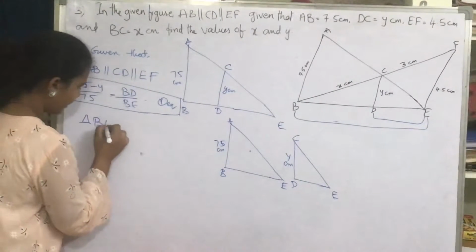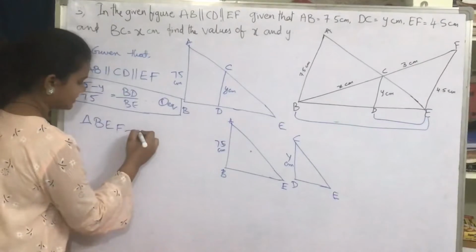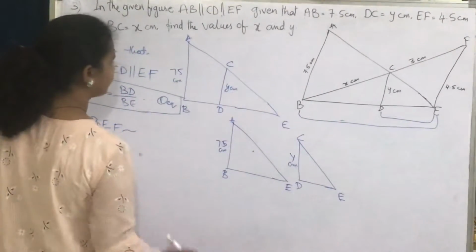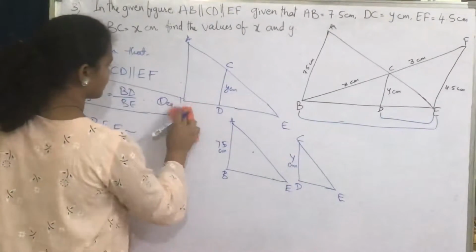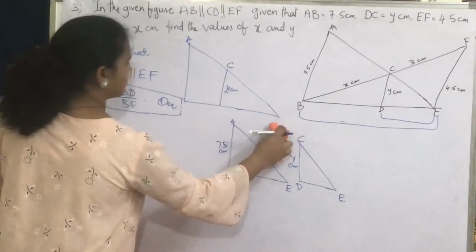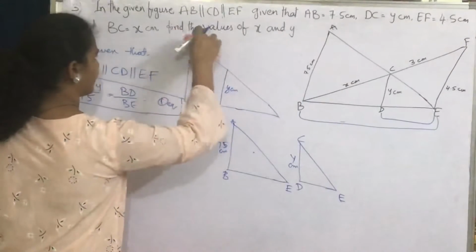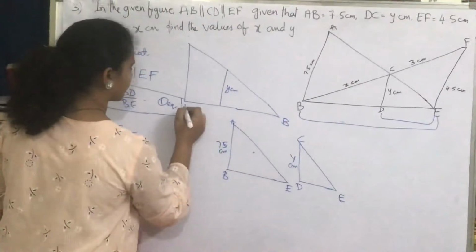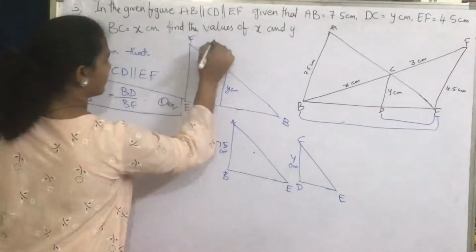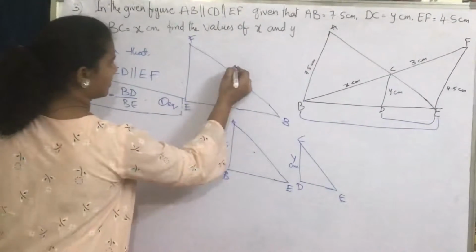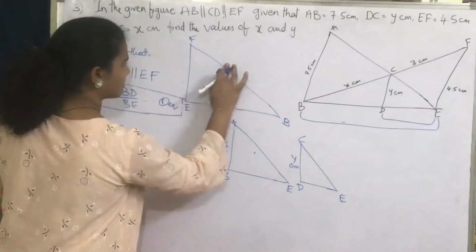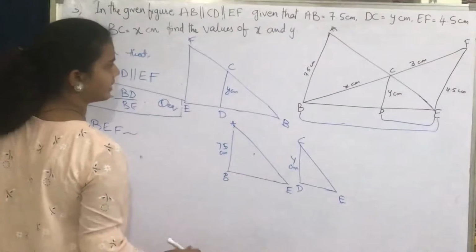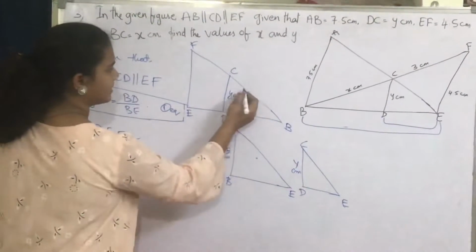So if you consider this triangle BEF, let me write down triangle BEF, where B, E, F, C. Now CD equals y and BC equals what?